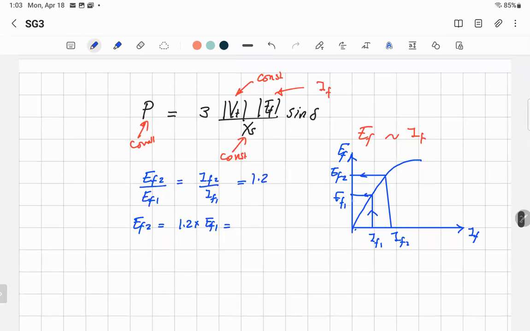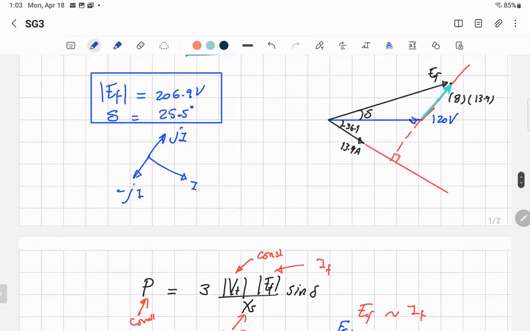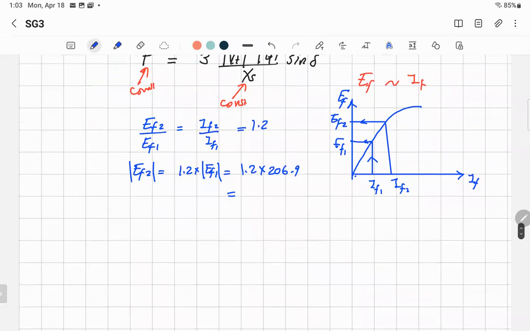No. If you look at the curve, you don't use any angle, only magnitude. So actually, this is the magnitude. So 1.2 times, it was, I think, 206.9. Let me check. Yes, 206.9. And then we calculate the new value of the excitation voltage. Okay, so somebody can calculate EF2.